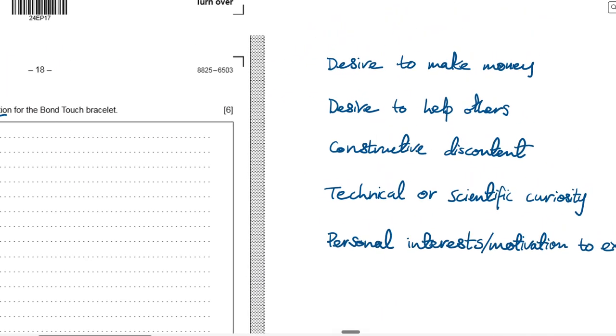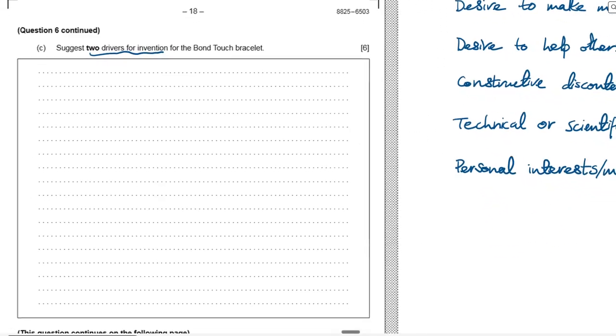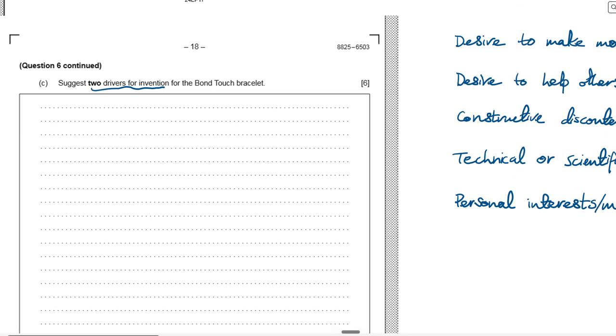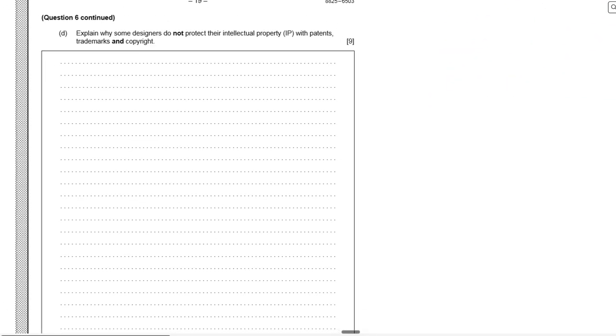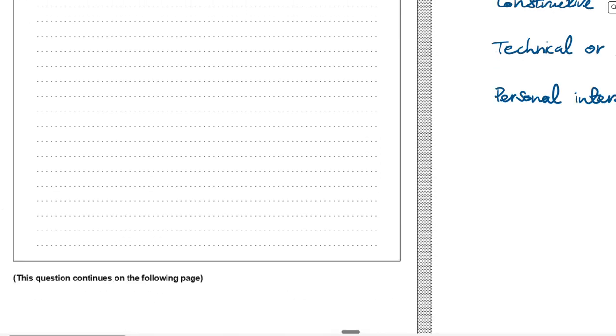So these are our five main drivers for invention. Essentially choose one of these two and then build your argument around that. And then we have a 9 marker. This is pretty straightforward, right? Explain why some designers do not protect their IP with patents, trademarks, copyright. So first we have to define what each of them is, and then explain the disadvantages. So we can come to that later.